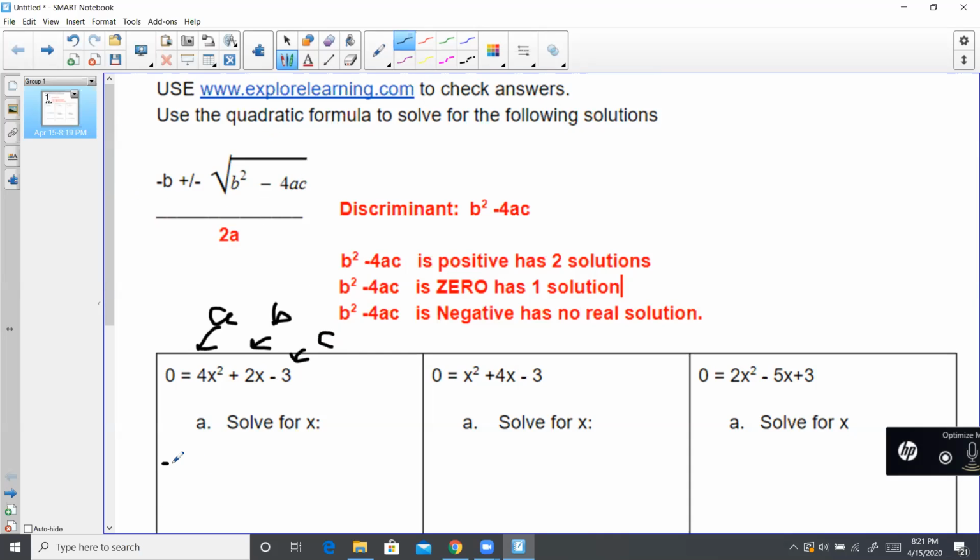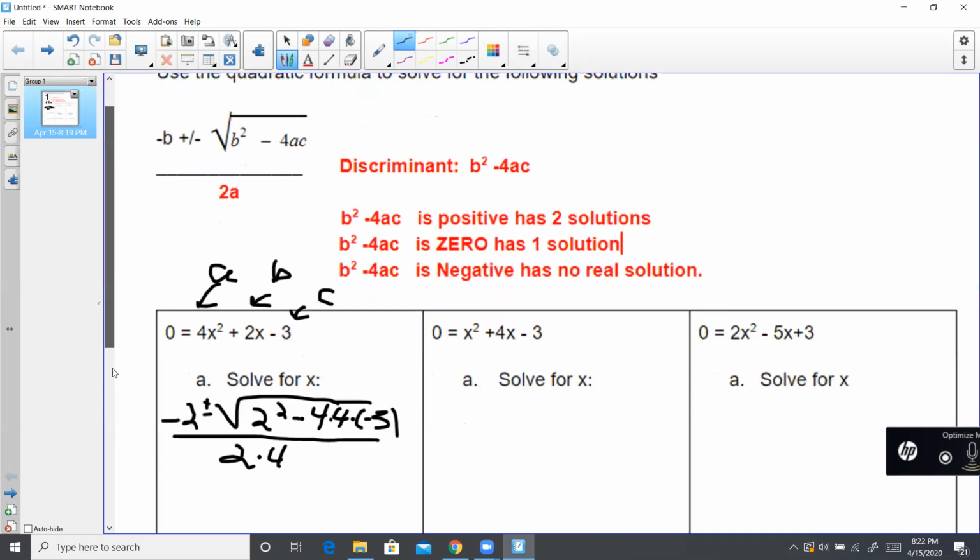It's going to be negative B, and our B is a 2, so negative 2 plus or minus the square root of B squared, so 2 squared, minus 4 times A. Our quadratic formula always has a 4 in it, so we'll always use 4 times A. A happens to be a 4 here, so 4 times C, which is a negative 3, all over 2A, and A is a 4 again.